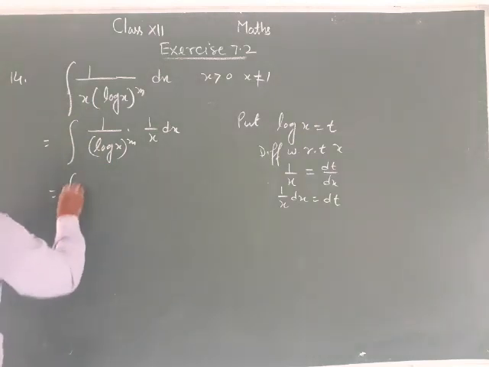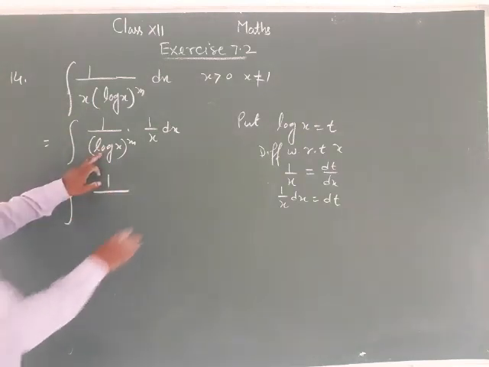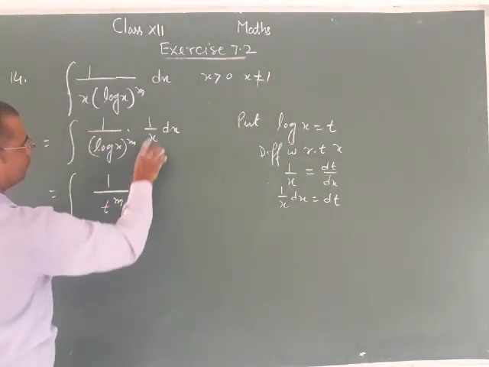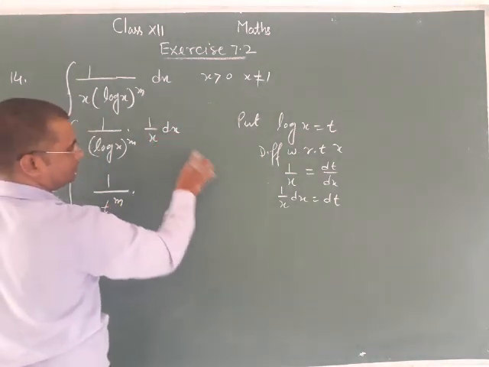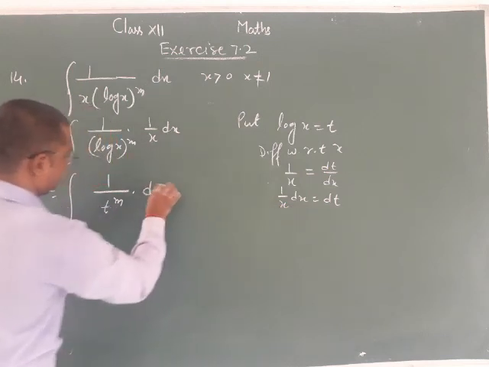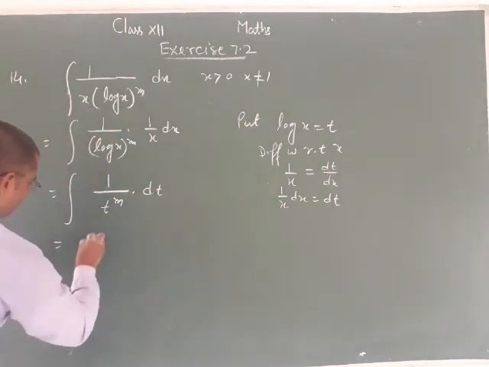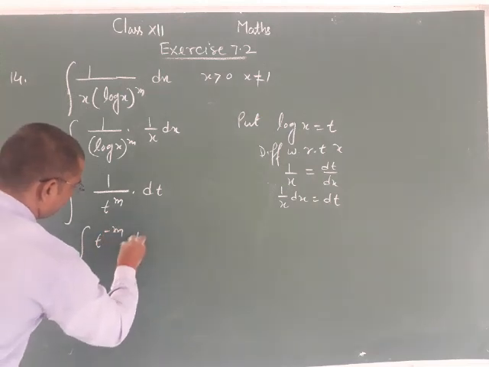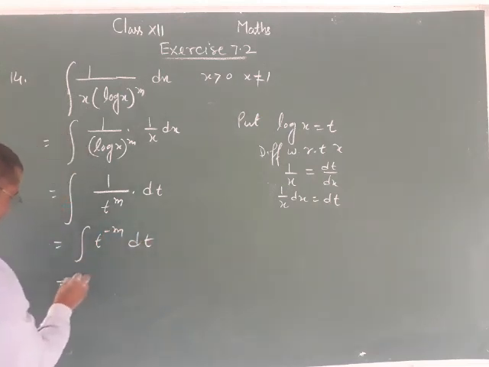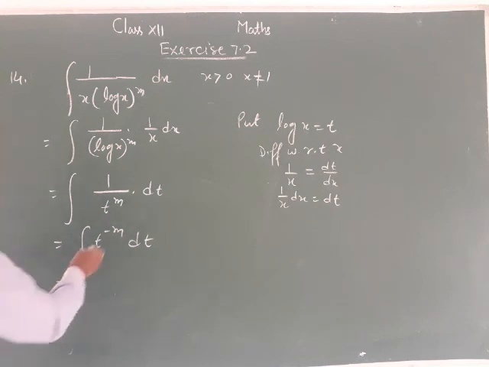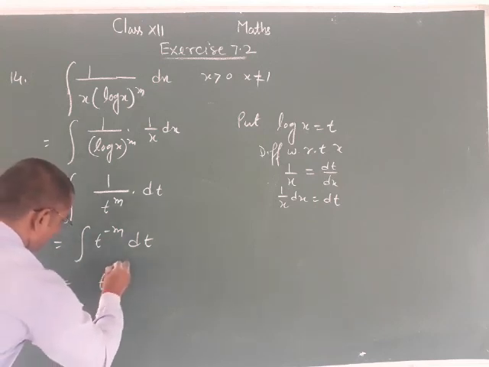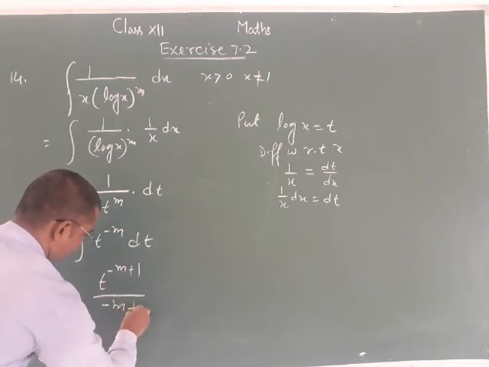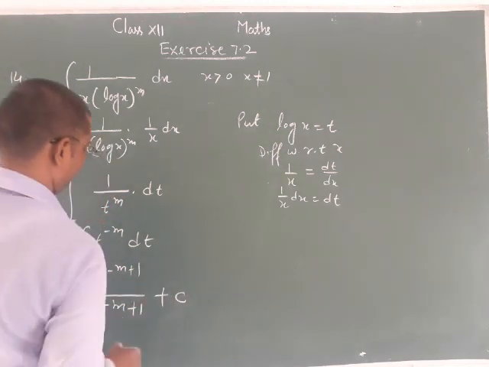So now 1 upon (log x)^m is equal to t to the power minus m, and 1 upon x dx is equal to dt. So the integral of t to the power minus m dt. Calculating this, t to the power minus m plus 1 upon minus m plus 1, plus c.